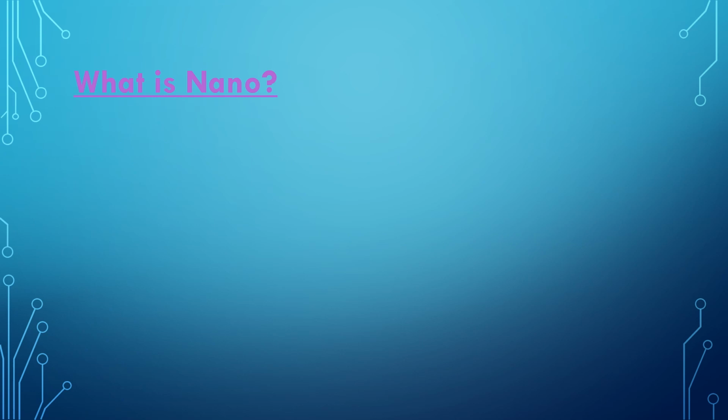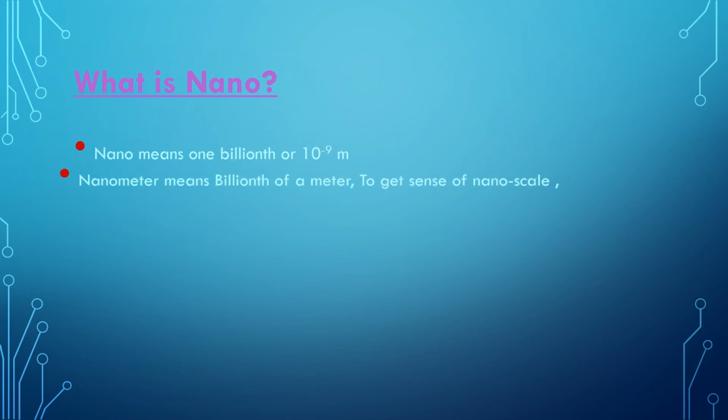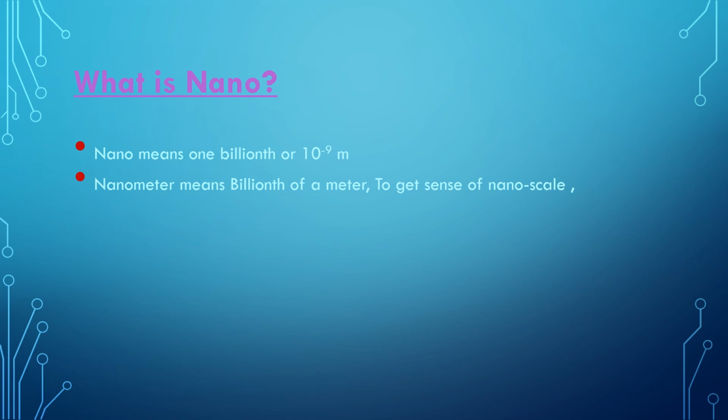First, we'll see what is nano. Nano means one billionth, or 10 raised to minus 9 meters. To get a real sense, we'll see some examples.